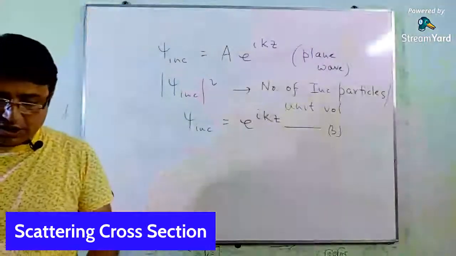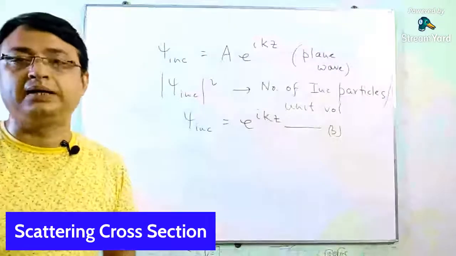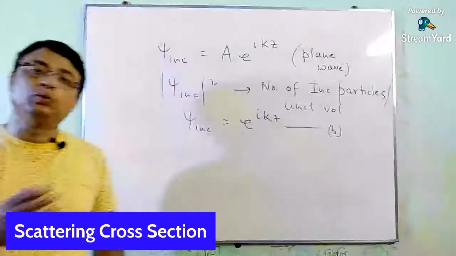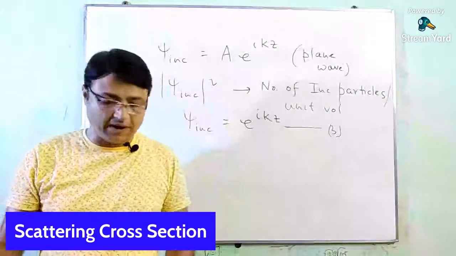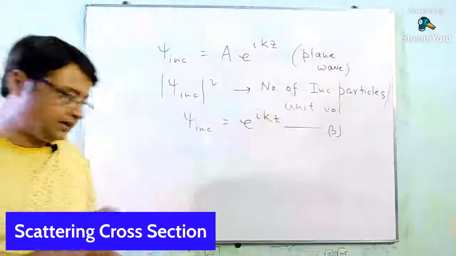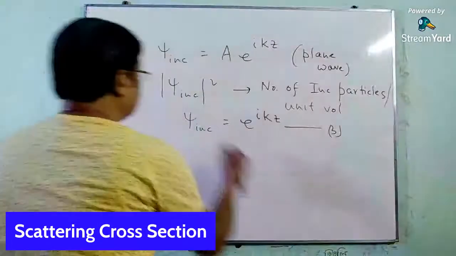Now, the direction of any scattered particle is indicated by the polar angles theta and phi, with the z-axis in the direction of the incident.